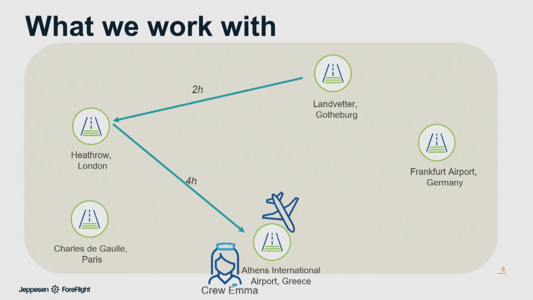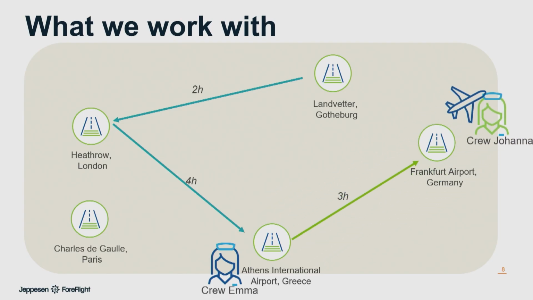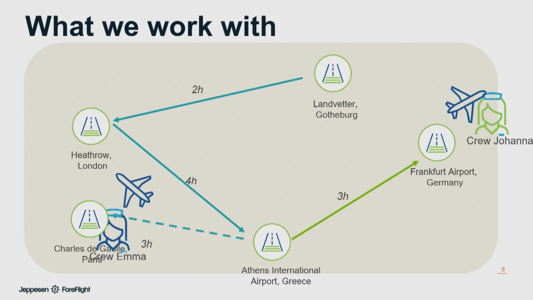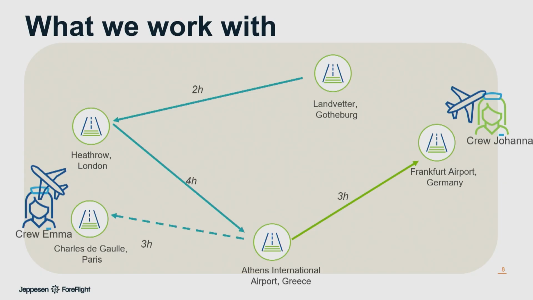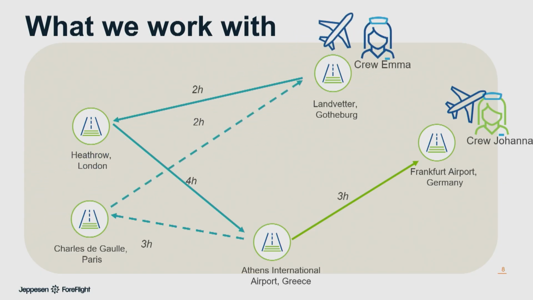But the aircraft doesn't really need the same type of rest, so on jumps Johanna. And Johanna takes over the aircraft, makes her way to Germany. Emma, however, would like to get home. So another tail arrives, she jumps on that, works another flight, and then finally going back to Gothenburg. And thus Emma has completed a trip starting and ending at the same base.